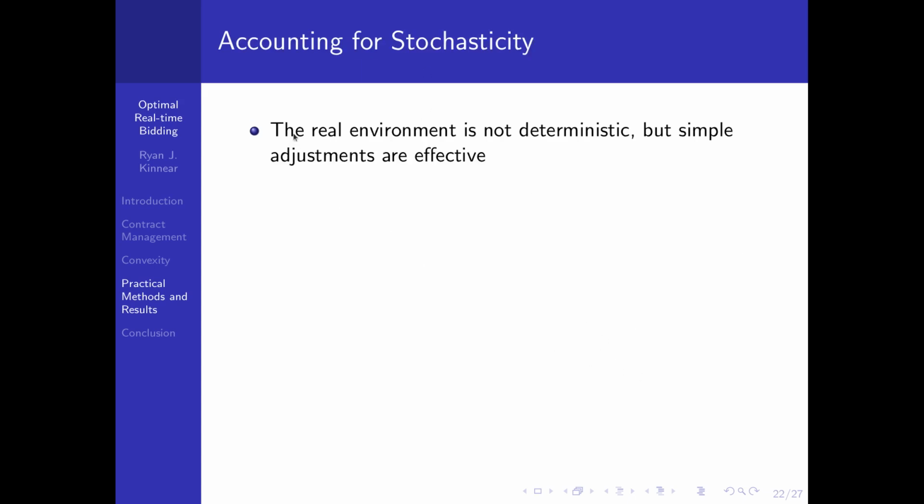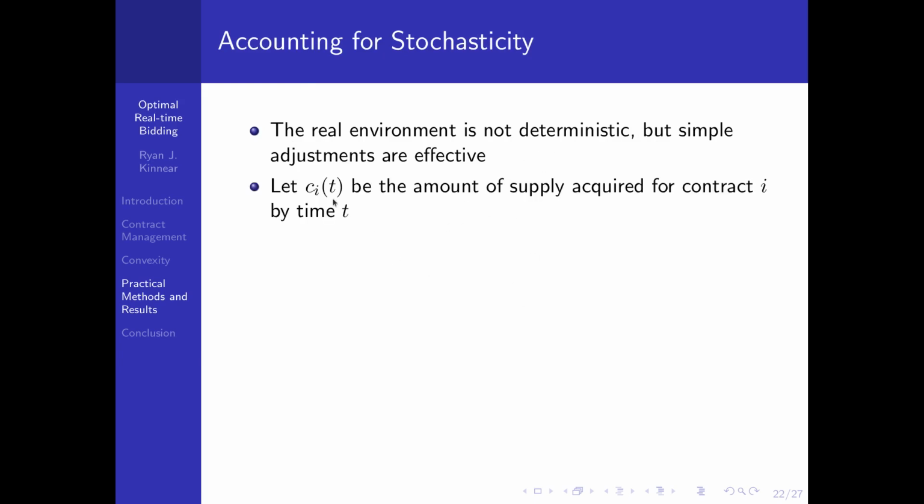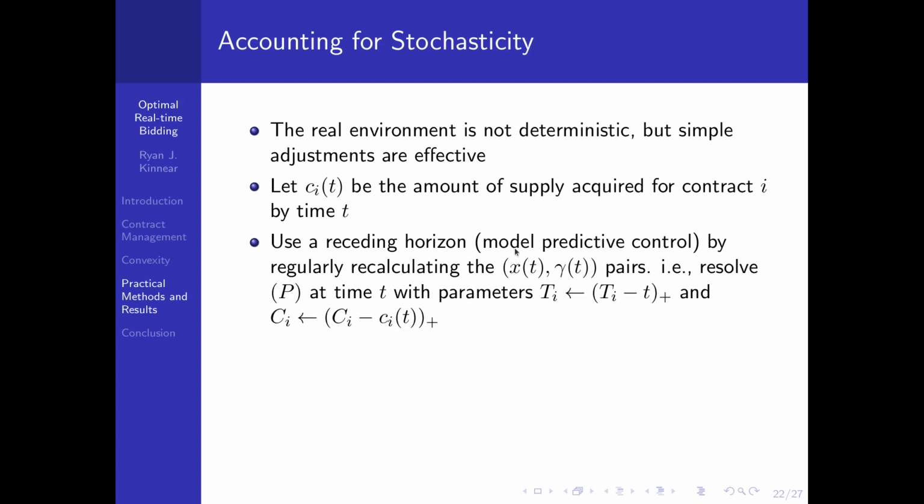Okay, now in reality, the environment in which you're bidding is not just this nice deterministic fluid limit, but rather it's stochastic. So I looked at a couple of natural heuristics to deal with this stochasticity. If we let little c_i(t) be the amount of supply acquired for contract i by time t, then we can apply a receding horizon.